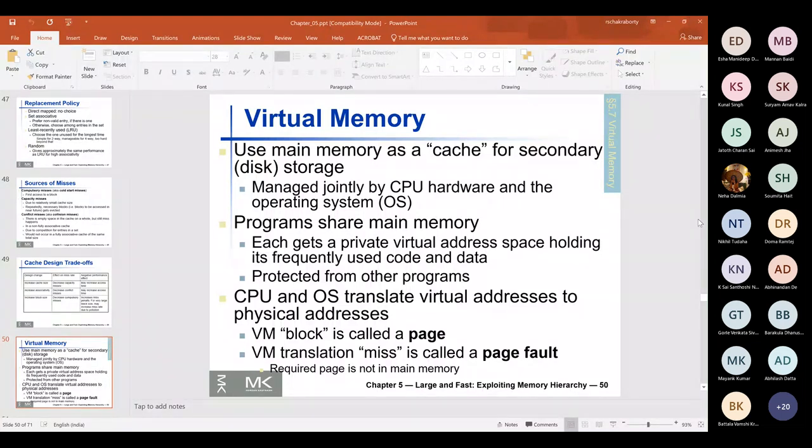To give you a motivational example, I think I have discussed this earlier, long back in some class. Suppose you have a computer on which you have, say, 4 GB of DRAM or main memory.